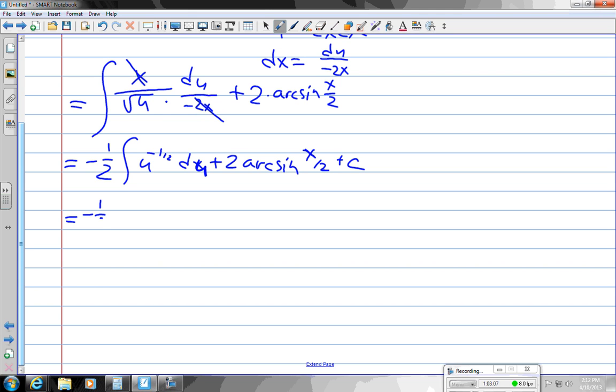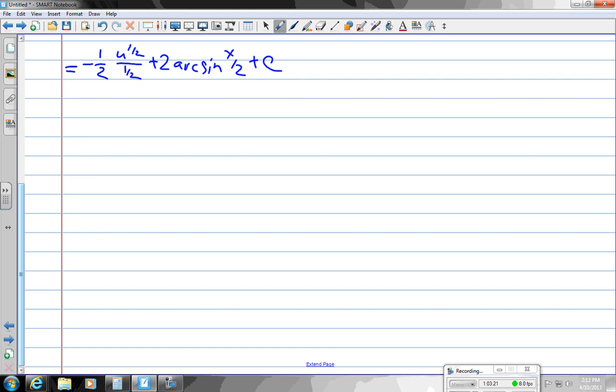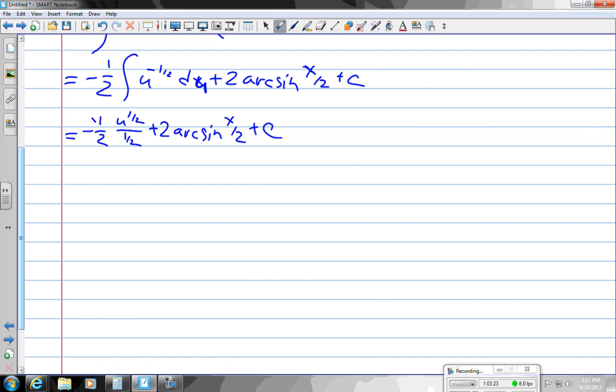So then negative 1/2 u to the 1/2 divided by 1/2, plus 2 arcsine. So the 1/2 will cancel, and you're left with negative square root of u plus the arcsine.